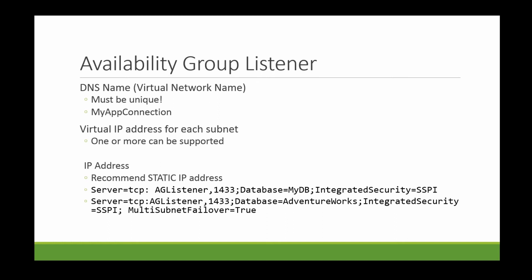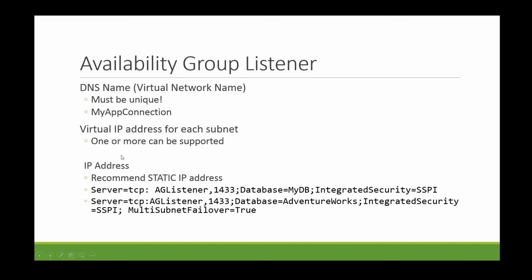With the availability groups, the virtual IP, we just talked about that. It is highly recommended to use static IP addresses for these. And then I've shown you a couple of connection strings that make sure you're using integrated security. And if you have a multi-subnet failover, that is also set to true, so that your listener knows which way to route your traffic.